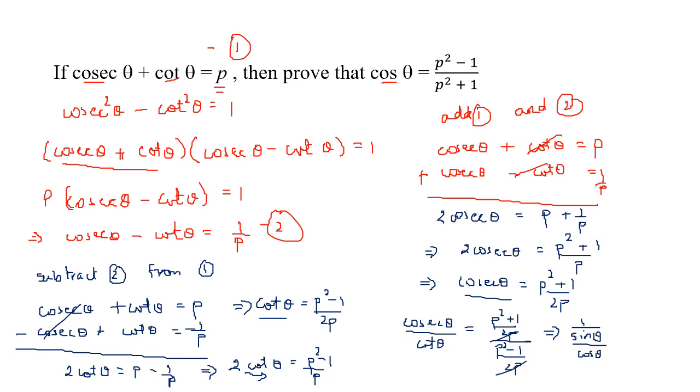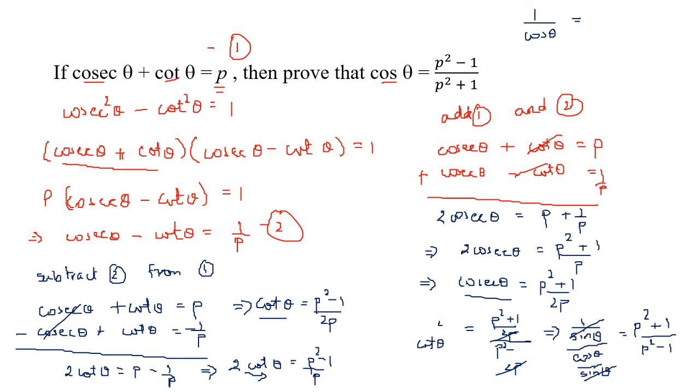So we have cos theta upon sin theta equal to p square plus 1 upon p square minus 1. Okay, there's a mistake I did, we'll do it directly again.